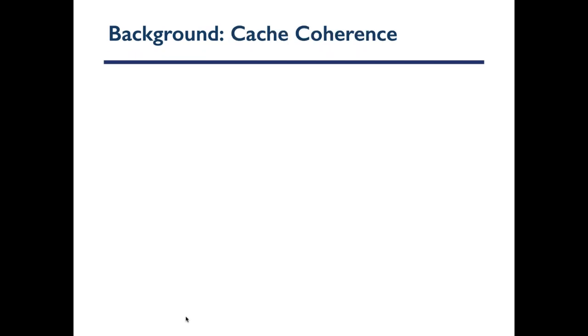Okay, so far we talked about heterogeneity in multiprocessors. We talked about non-uniform memory accesses. We talked about cache hierarchy.